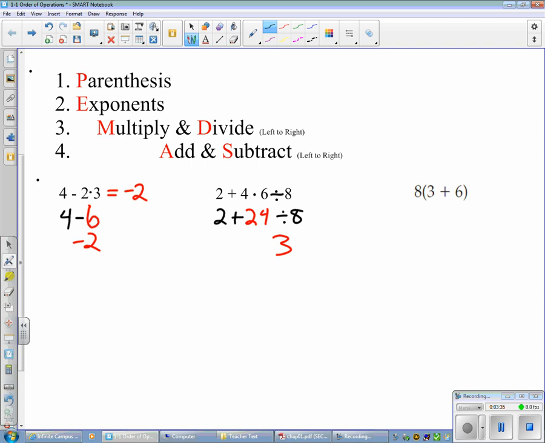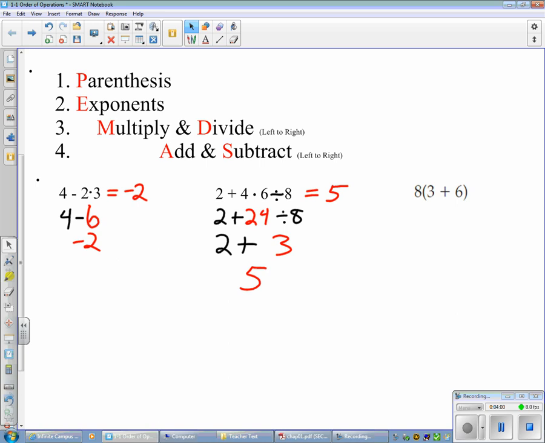I haven't done anything with the 2 or the plus, so it's still there. So 2 plus 3 is my last operation to do, so 2 plus 3 is 5. So the answer to the original problem, 2 plus 4 times 6 divided by 8 is 5.